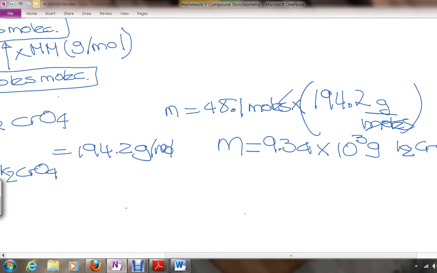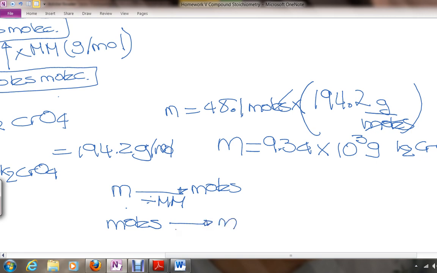And every time you have moles, remember that's why I give the flow chart. From grams to moles, you divide by molar mass in grams per mole. From moles to mass, you multiply by molar mass.